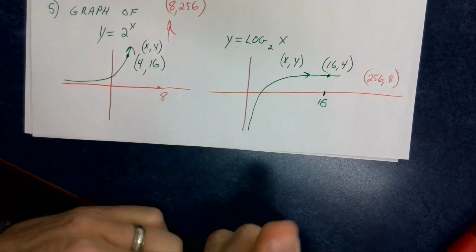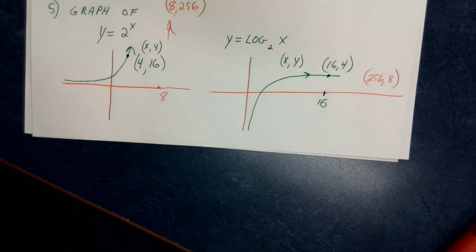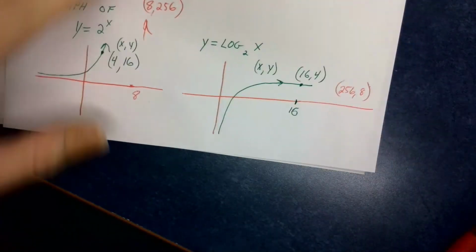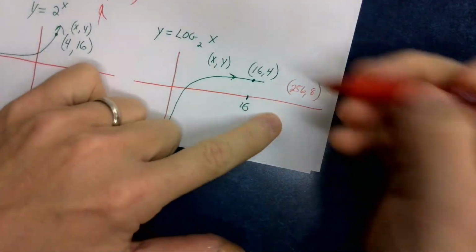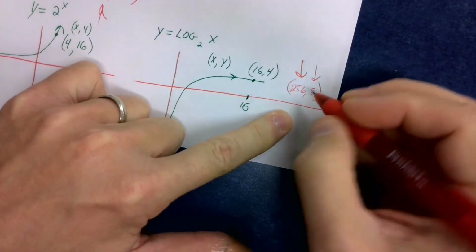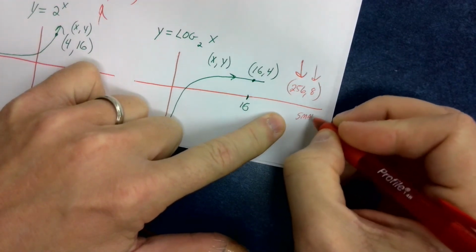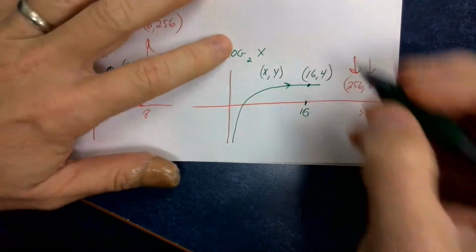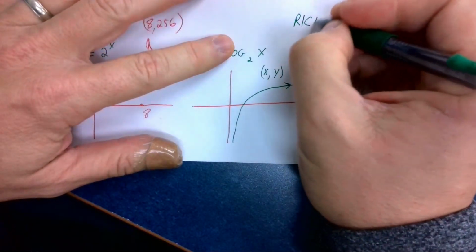And it's this ability of logarithms to take really, really big numbers and convert them to much smaller numbers that allows us to do things like the Richter scale.